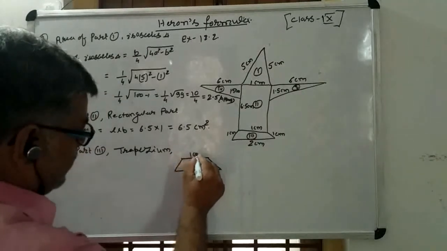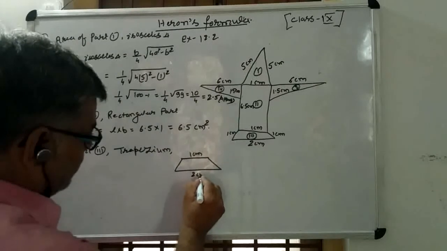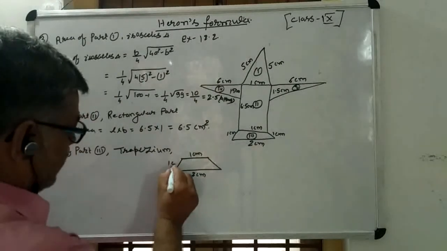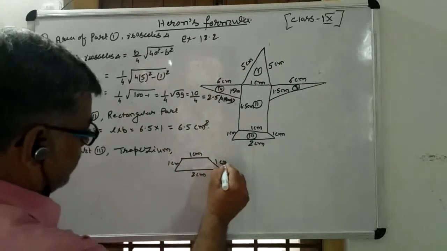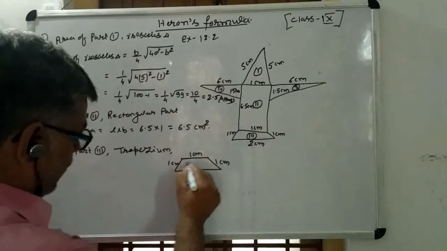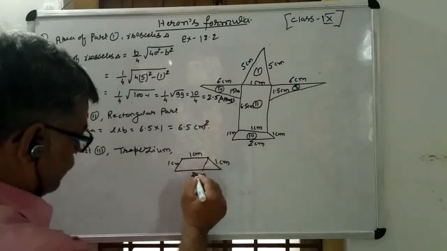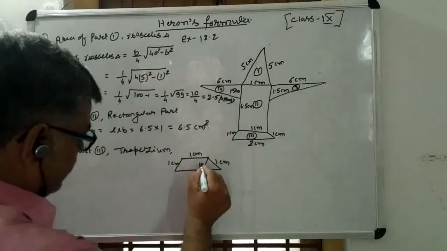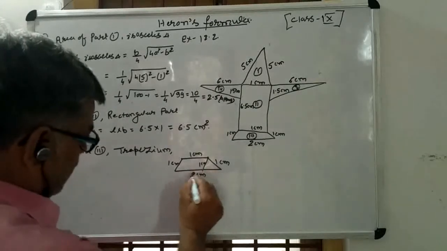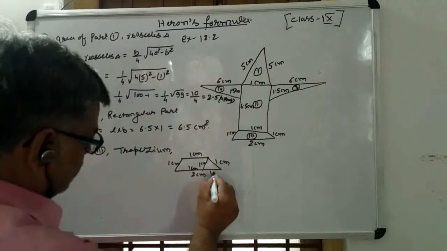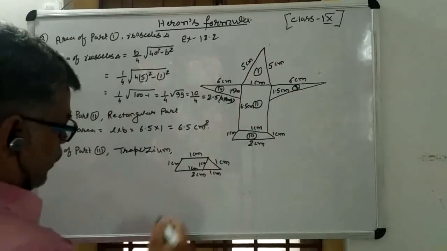This is 1 centimeter, this is 2 centimeter, this is 1 centimeter, and this is 1 centimeter. And draw a line parallel to this, so this will also be 1 centimeter. This will be 1 centimeter. This is 1 centimeter.